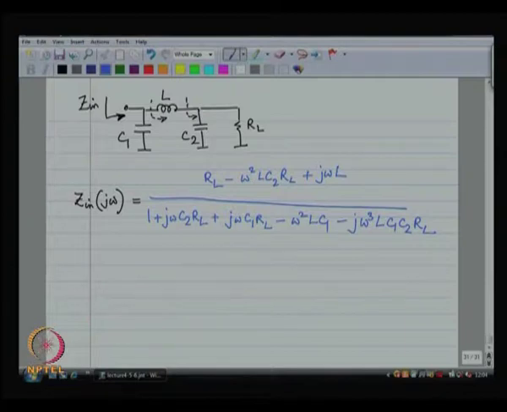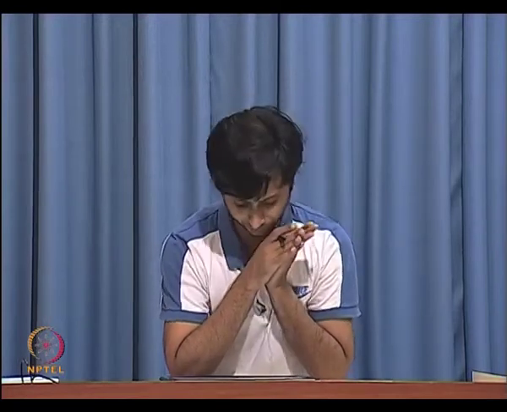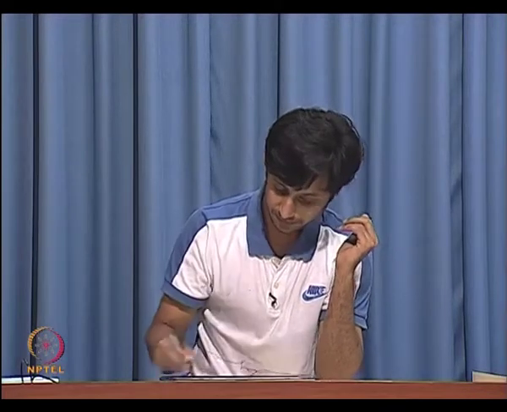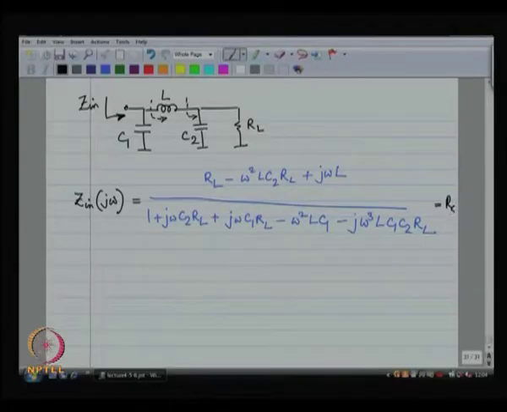And this final expression at omega equal to omega 0, what is our plan? Our plan is that we have made this final expression in such a fashion that at omega equal to omega 0, this final expression is equal to R s. Okay. This is what you have done by your design strategy.